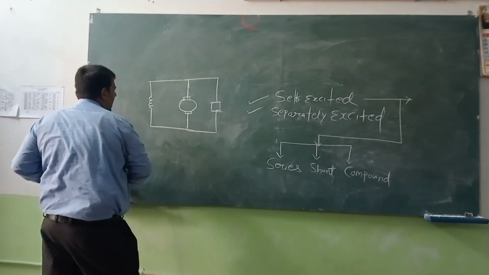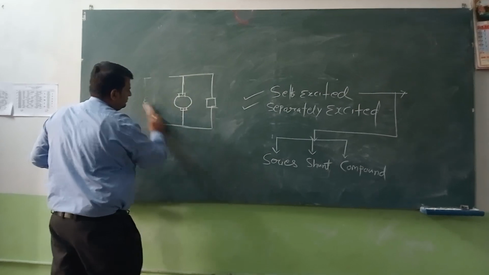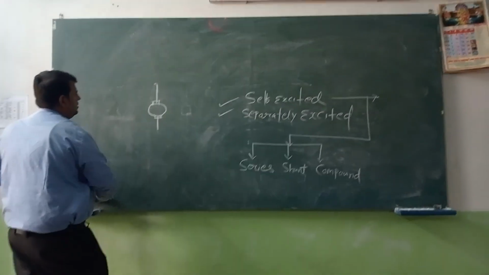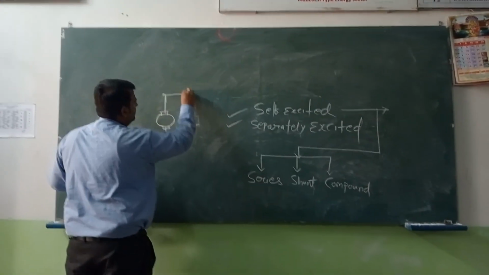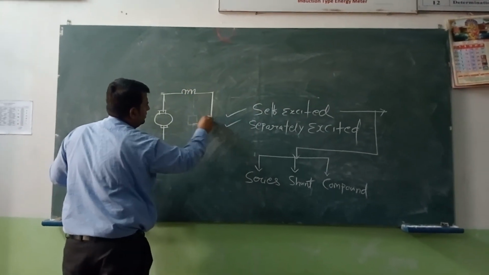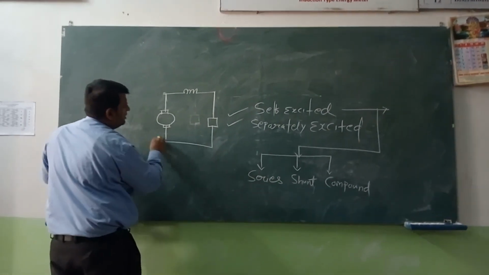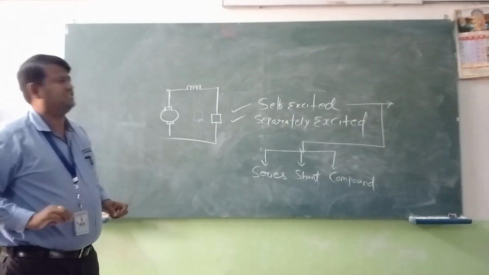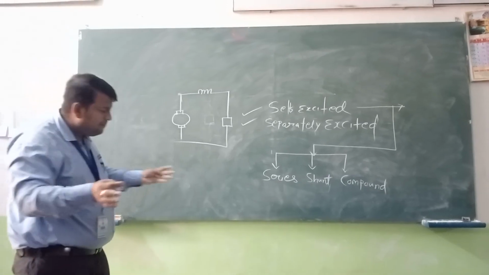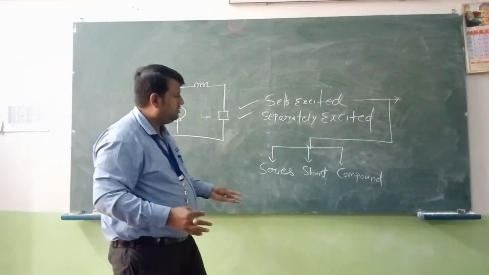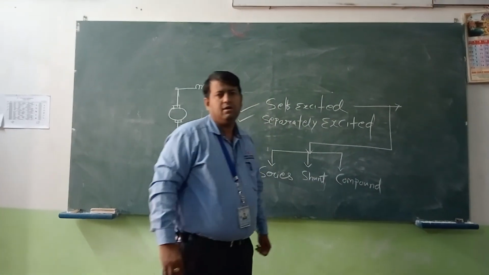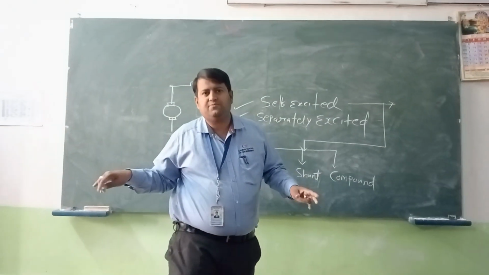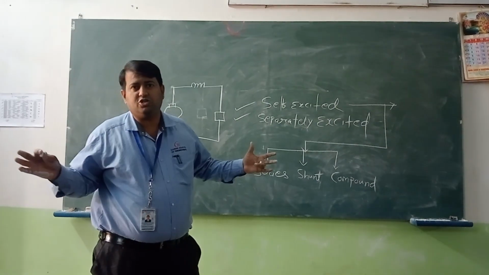If your armature winding is connected in series with the field winding, that is a series generator. A combination of series and shunt gives us a compound generator. Compound generator is again classified into 2 types: long shunt and short shunt.